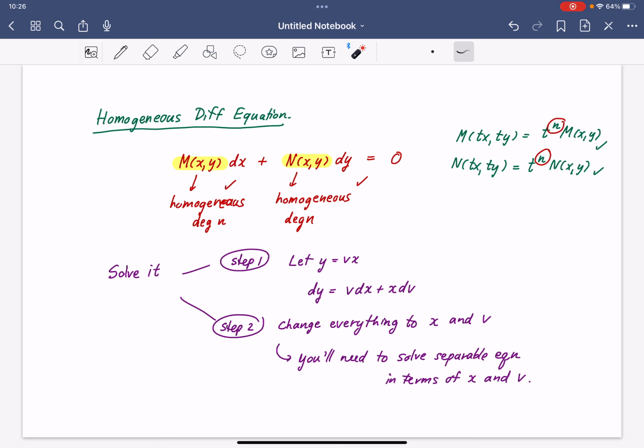Okay. All right. Let you jot down for a minute, and then we're going to do an example on homogeneous differential equation. All good? All right.